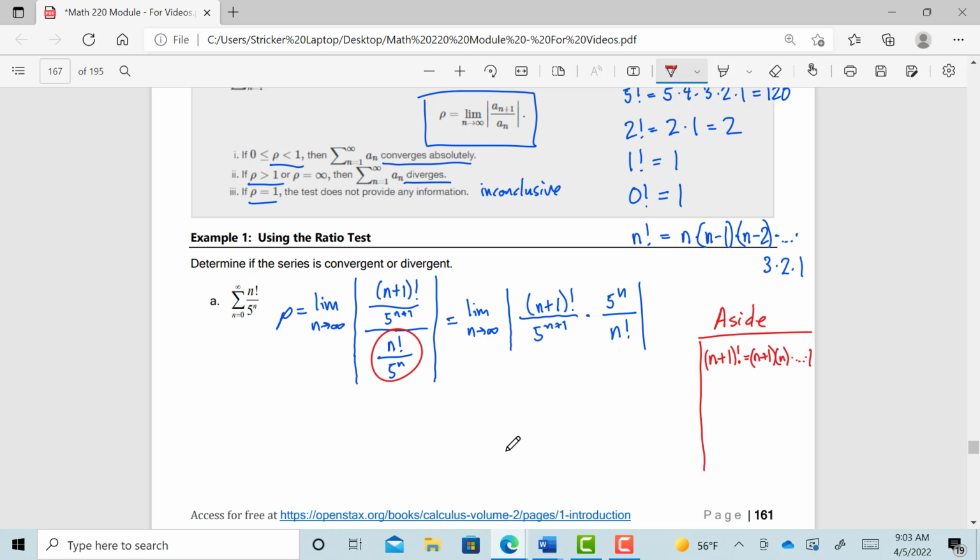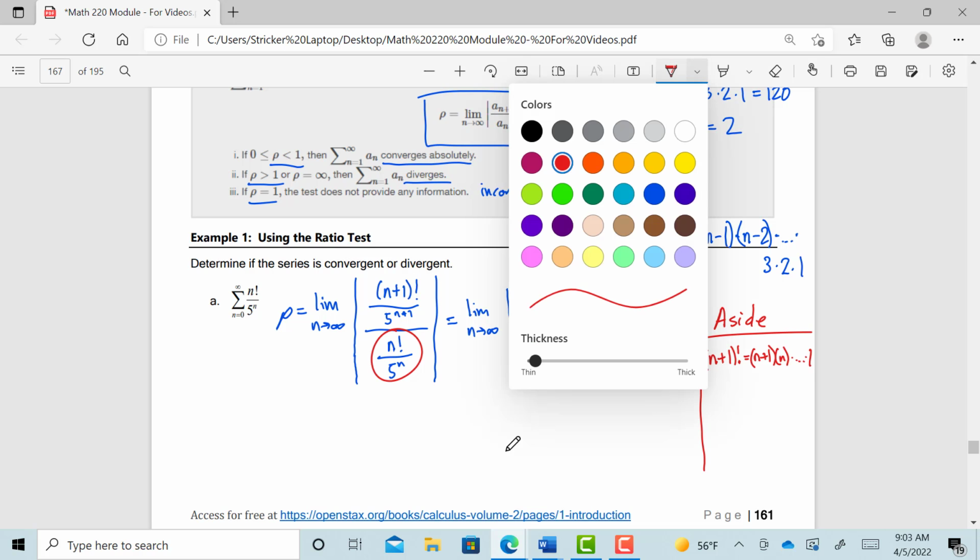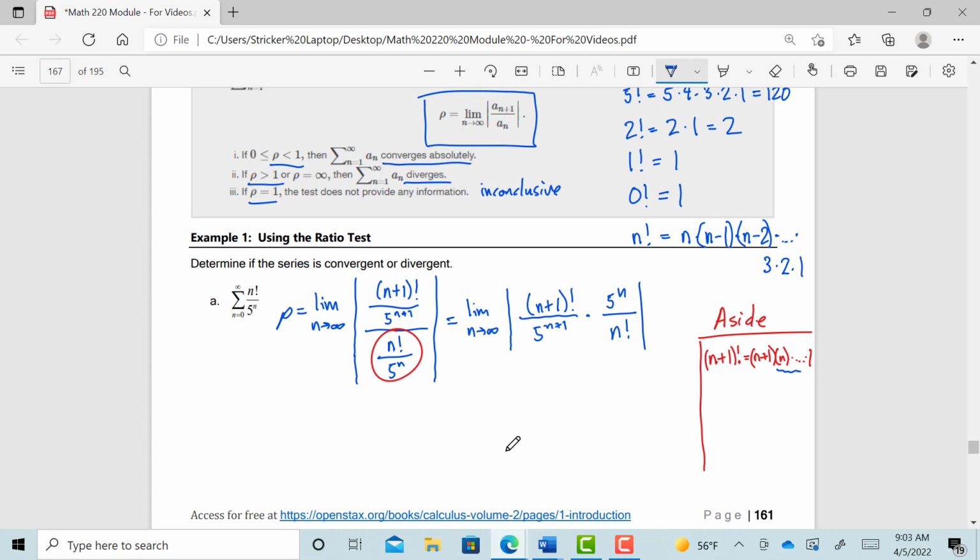So really, everything after n plus 1, what we have below here is n times every whole number smaller than it. So the n times ... all the way to 1, that's the same as n factorial. So we can say that n plus 1 factorial is equal to n plus 1 times n factorial.